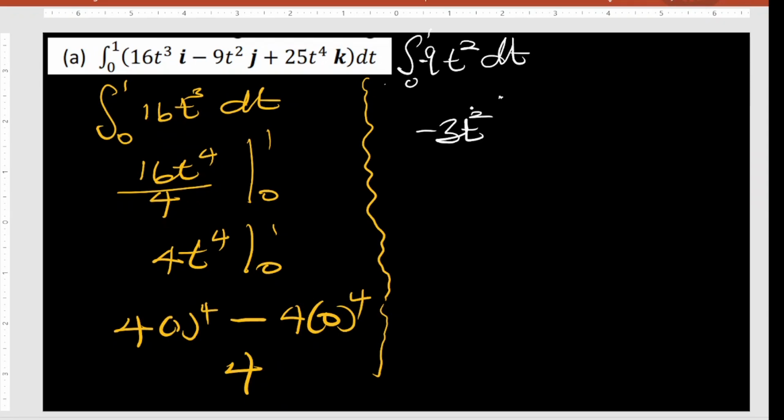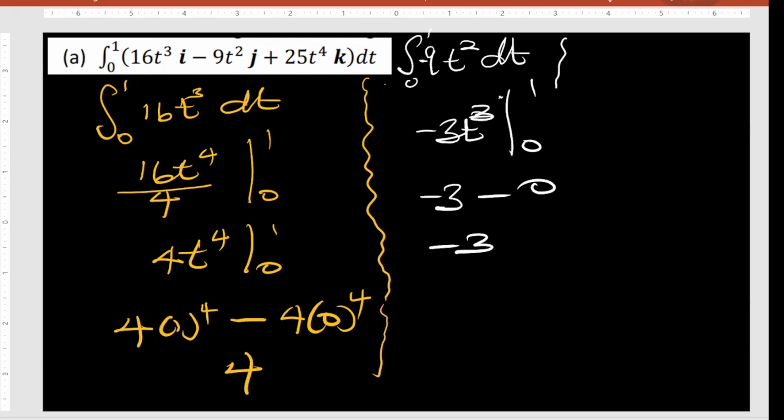Sorry, t cubed, from a lower limit of 0 to an upper limit of 1. When we throw in the 1, we are going to get minus 3. And when we throw in the 0, we'll get 0. So the result here will be negative 3.